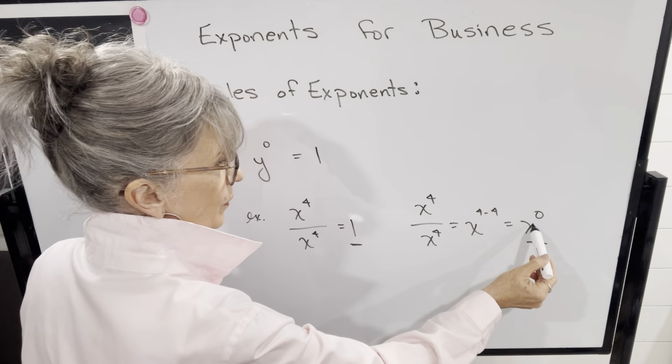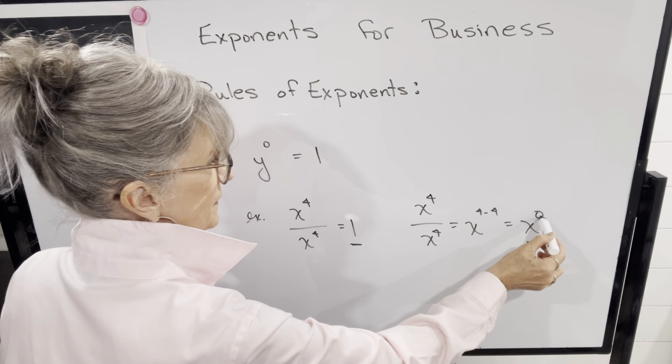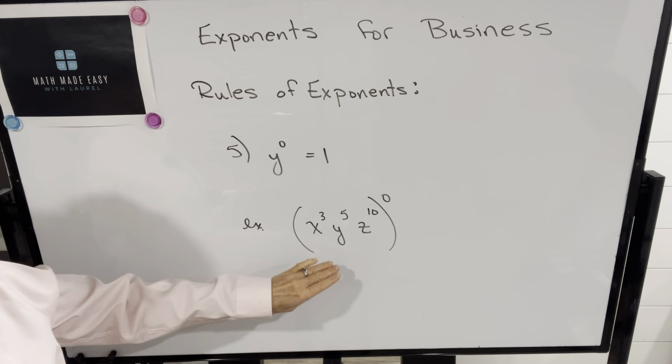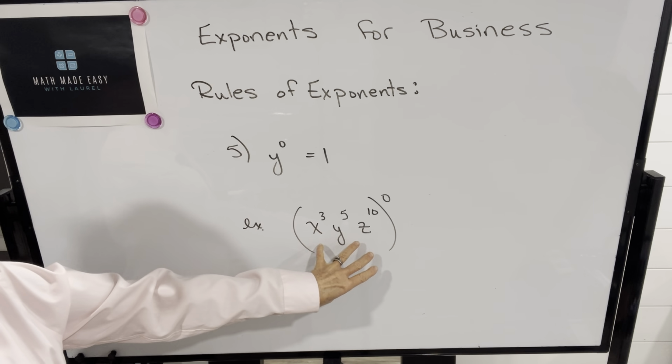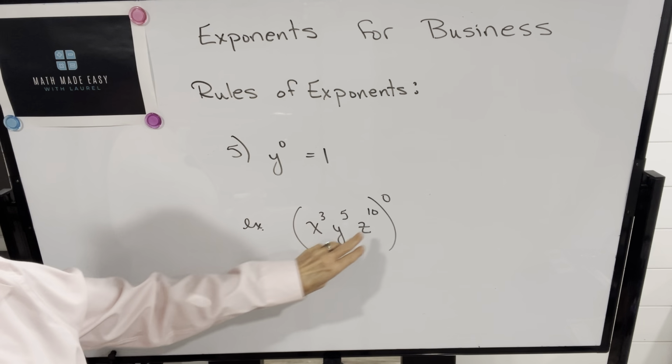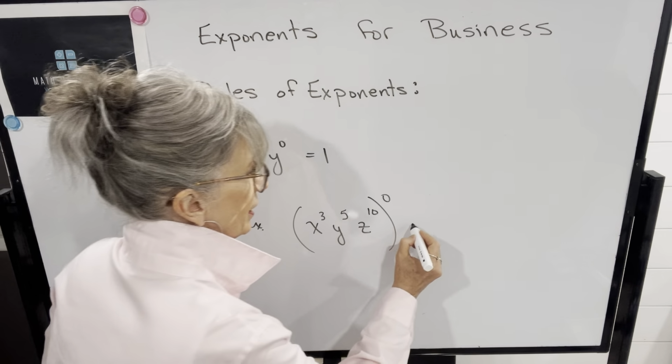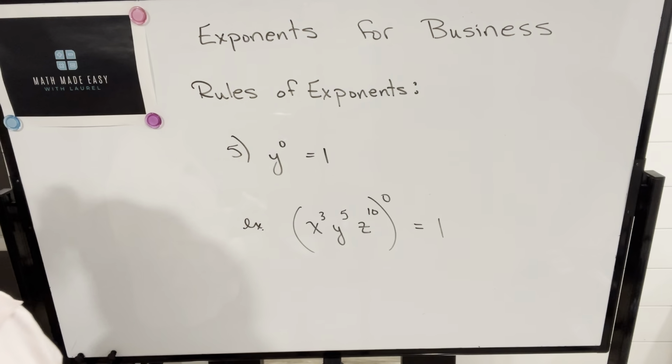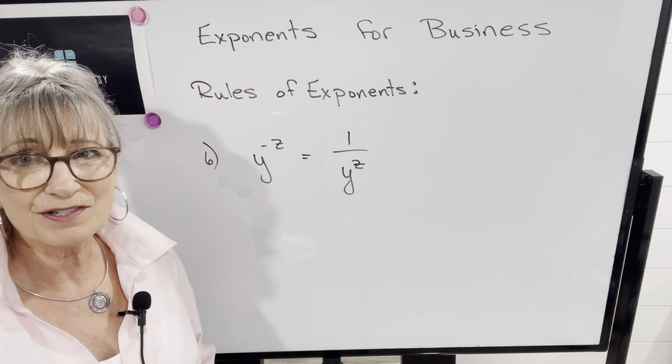So it kind of shows you why a base raised to the power of 0 is equal to 1. It doesn't matter how complex your base is. This whole thing is raised to the power of 0. That's all we care about. It's equal to 1.